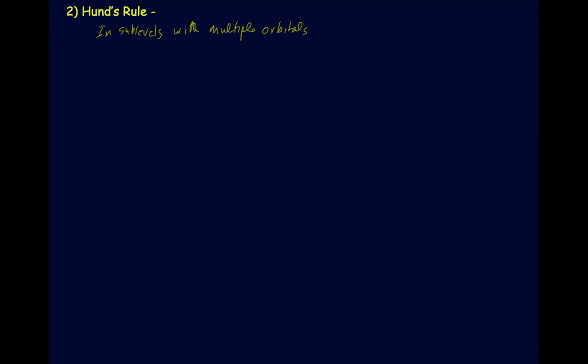Sublevels with multiple orbitals are going to be your P, D, or F, not S. Remember, P is going to have your three boxes, D will have five boxes, F seven boxes. So sublevels with multiple orbitals are your P, D, F.